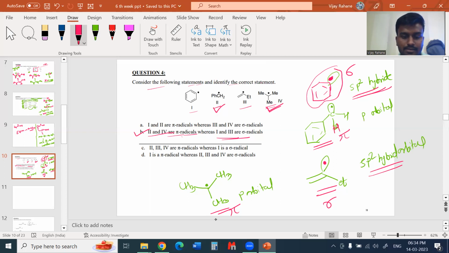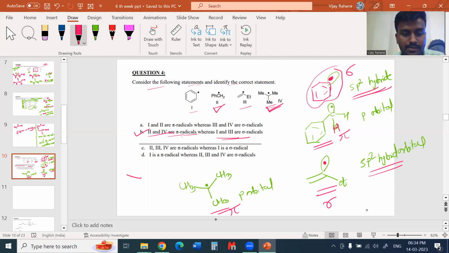And again, this tertiary radical is in the p orbital belonging to the carbon atom, and the unpaired electron is from the p orbital of the carbon atom. So this is how we can solve such questions. We can assign which orbital a radical belongs to.